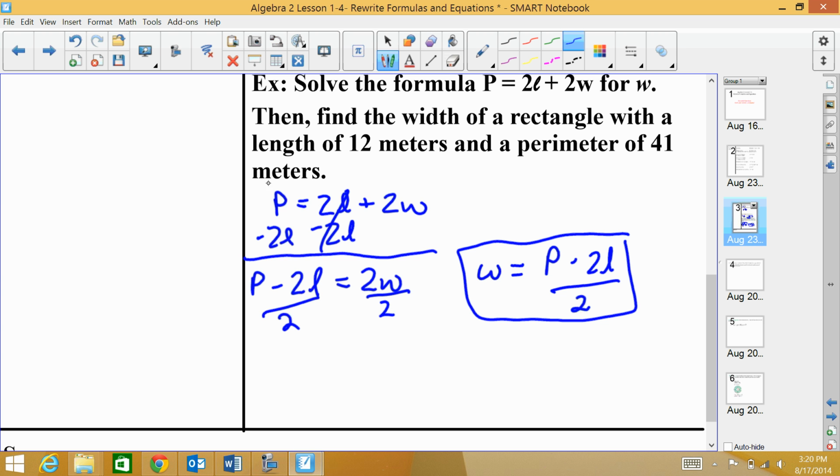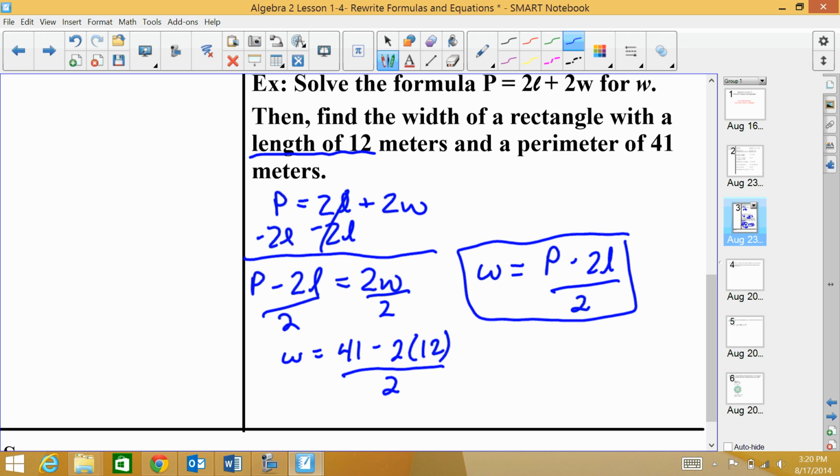So the length is 12. So I'm going to plug that in for L. So I have W equals, and then I need to know P. So P, perimeter, is 41. So I have 41 minus 2 times 12 divided by 2.